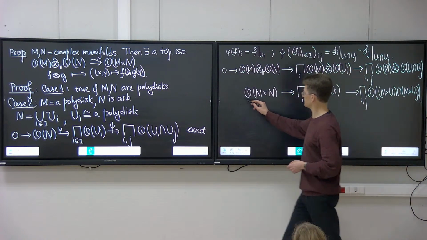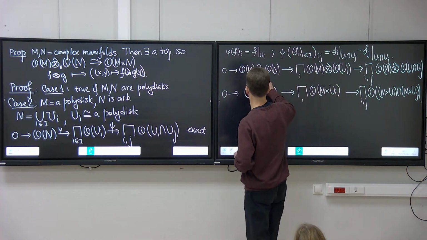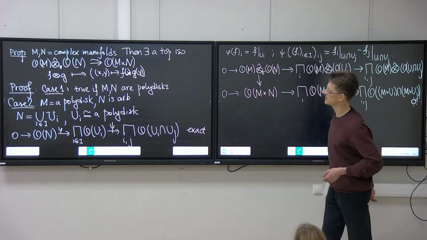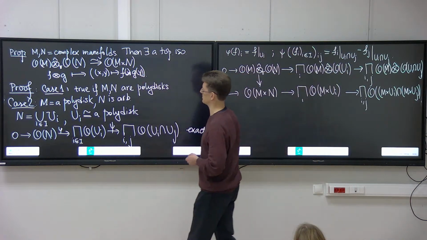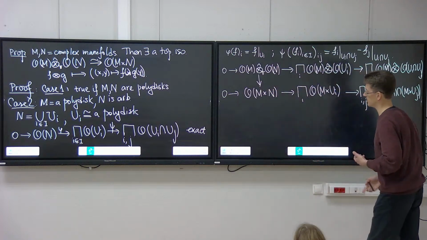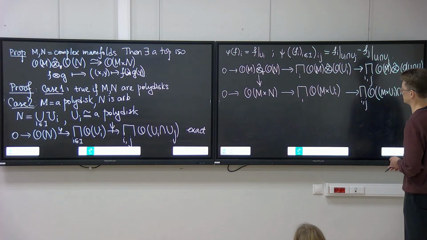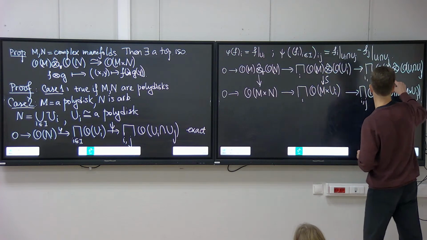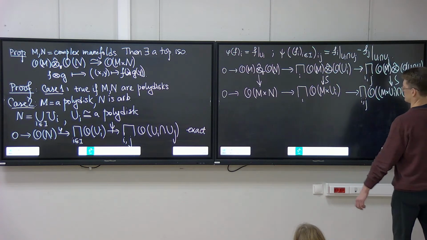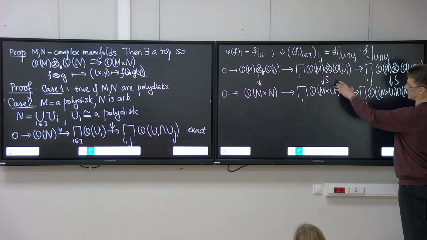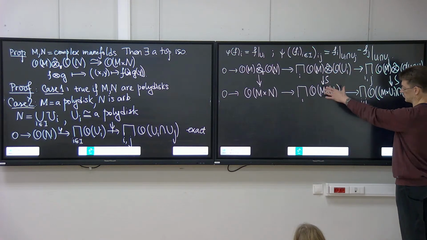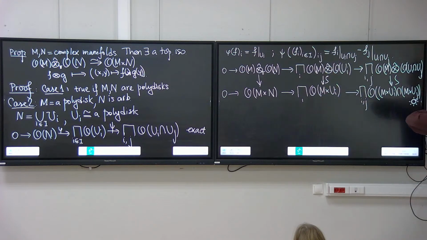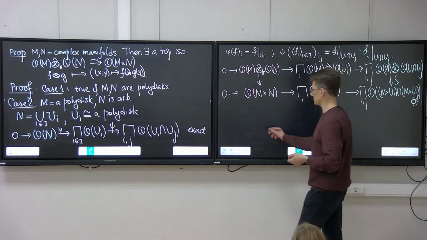And we have an initial map from here to here, which appears in the statement of the proposition. Clearly, it is well defined by the universal property of the projective tensor product. And here we have isomorphisms, for the simple reason that both M and U_i are polydisks. And for polydisks, we already know that this map is an isomorphism. And the rows are exact.